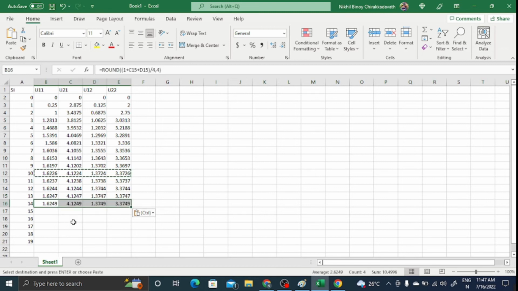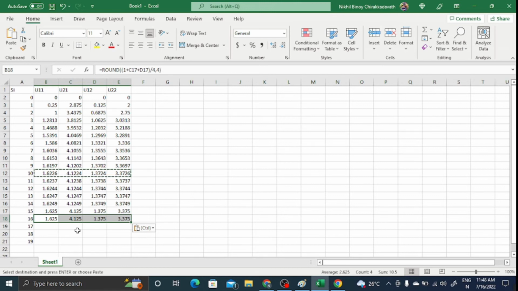Now this is the 14th iteration. You can see that the 14th iteration is not equal to the 13th iteration, but it is very close, though not equal, so we have to continue. Now this is the 15th iteration, which is also not equal to the 14th iteration, so we continue. Now you can see that the 16th iteration is exactly equal to the values of the 15th iteration.